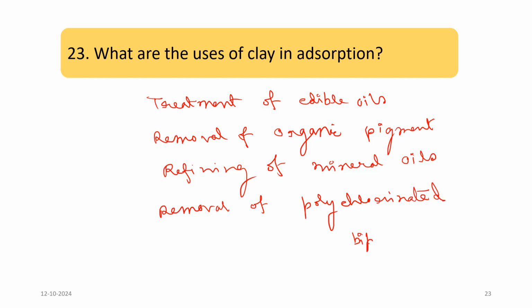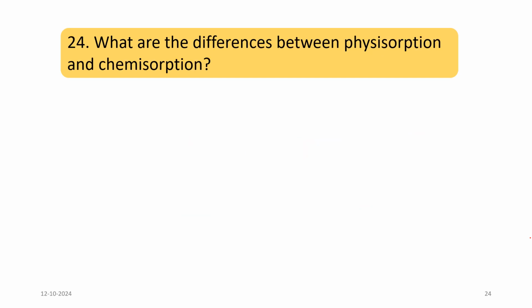What are the differences between physisorption and chemisorption? So we'll see videos, but before that I'm just telling you, physisorption means physical adsorption. Here the individuality of adsorbate and the adsorbent are preserved.